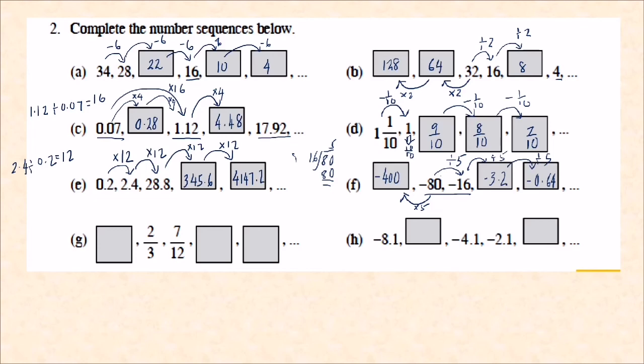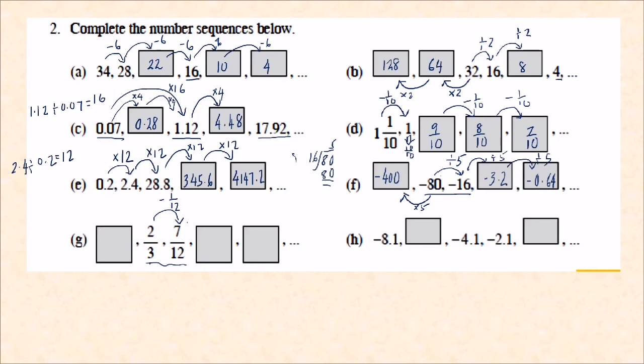Okay, so now G, we have the fractions side by side. So we find the difference. 7 over 12 minus 2 over 3 is negative 1 over 12. It means that from 2 over 3 going to 7 over 12 is actually minus 1 over 12.